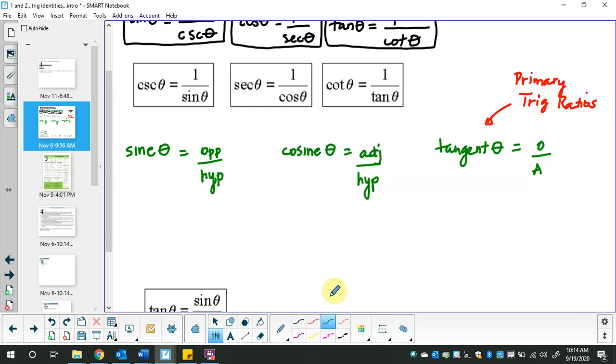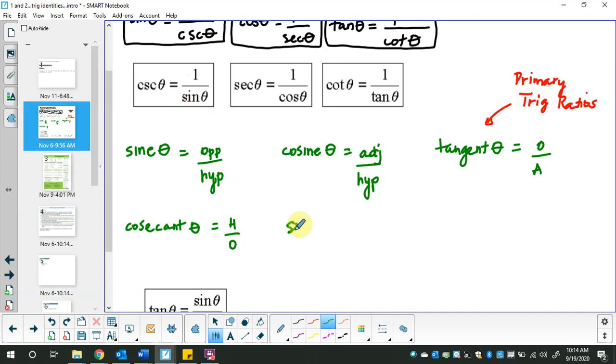The next set are not primary trig ratios, they're secondary trig ratios, and that is cosecant, spelled in full like that, still theta, and because they're reciprocals, that just is a fancy way of saying upside down. So cosecant theta is h over o instead of o over h, which is why this is its identity.